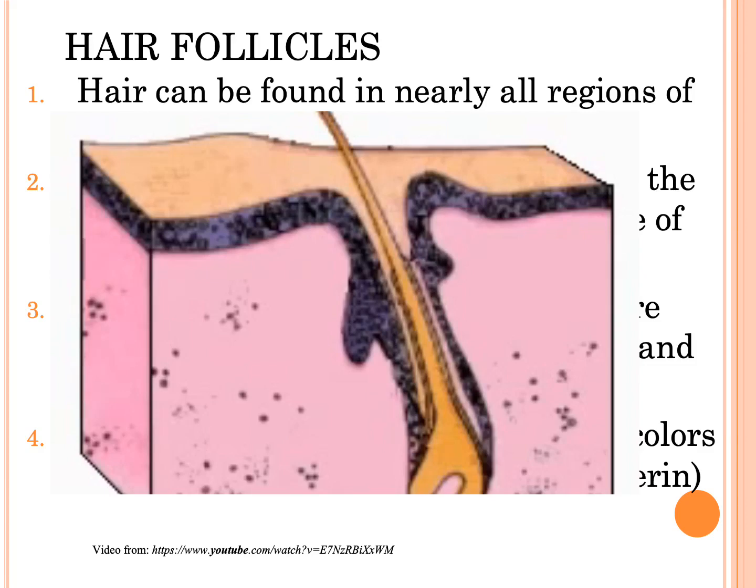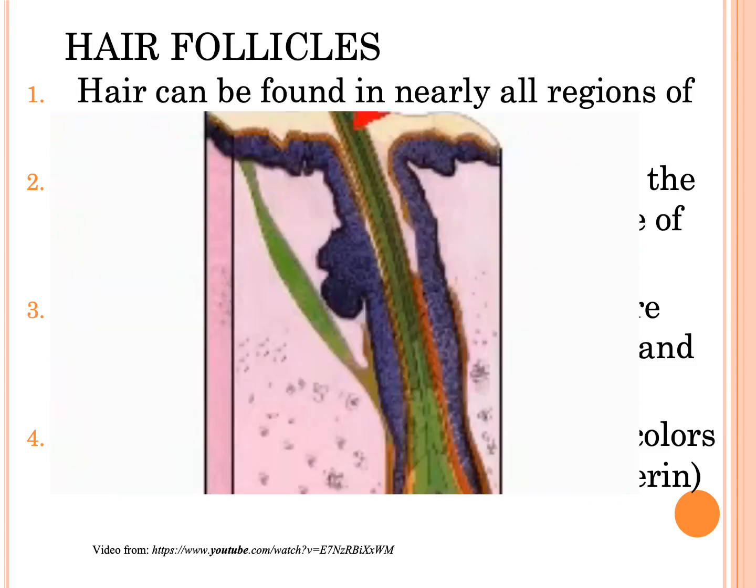It's going to grow up and through another set of epithelial cells, which will be the sebaceous glands. The sebaceous gland is going to ensure that the cuticle of the hair stays intact. As long as the cuticle of the hair stays intact, the hair will continue as a single unit.